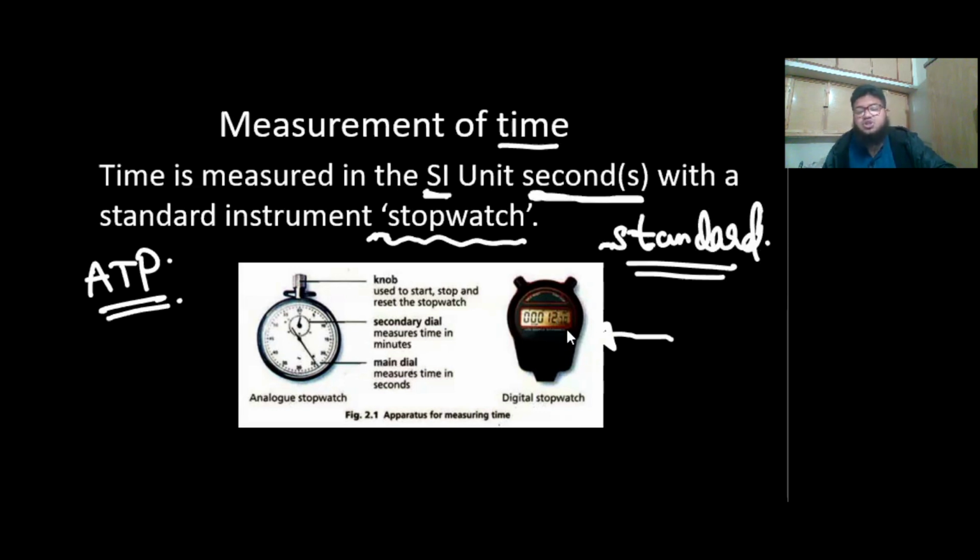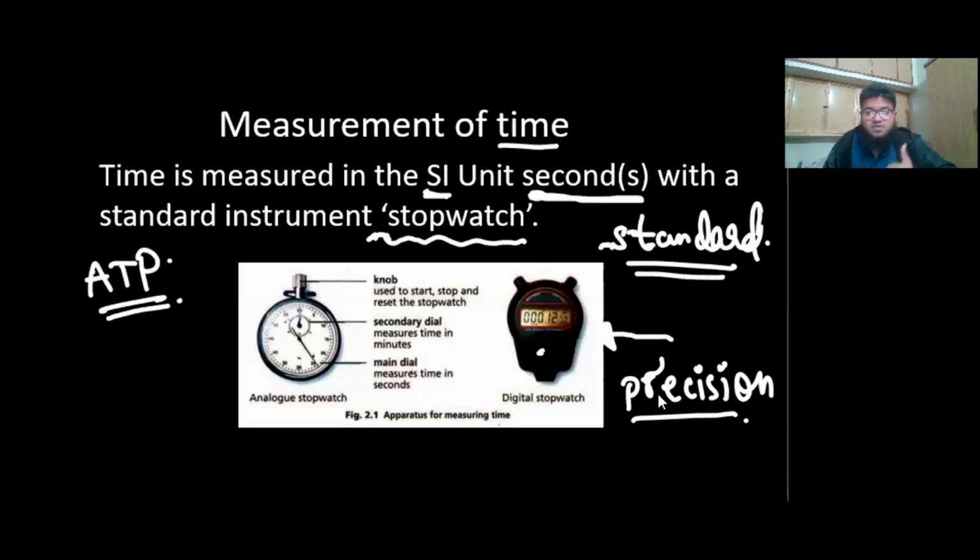And precision and accuracy, well, precision means the smallest unit of time that the instrument can measure. Basically, the digital stopwatch can measure up to 2 decimal places, analog can measure up to 1 decimal place, but that doesn't really matter here. That doesn't really concern us in chemistry. That's a topic of more concern in physics.